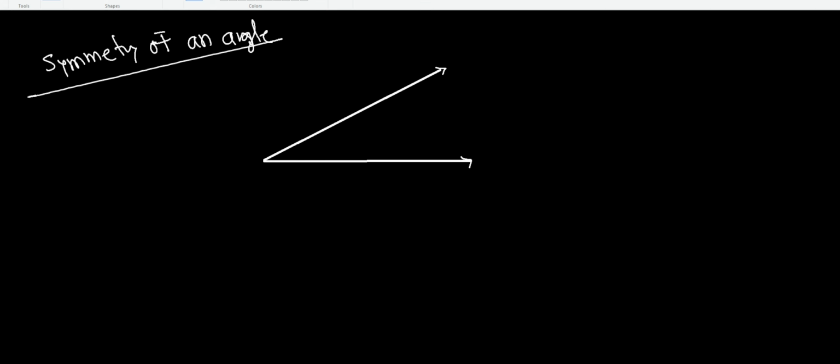Then we see symmetry of an angle. If we draw an angle like this one, we say there is a symmetrical line.